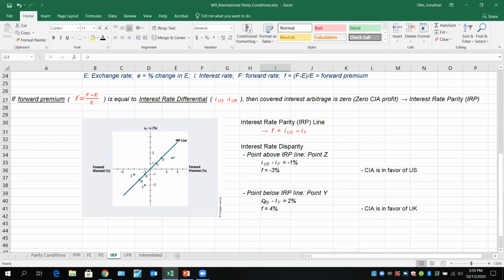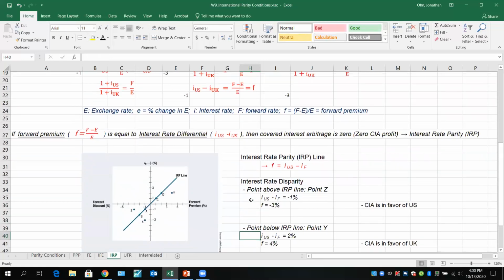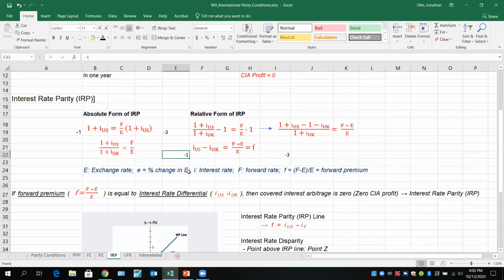Okay, the relative interest rate. At this one, the relative interest rate is 2%, and the forward premium is 4%. So in this case, the exchange rate has appreciated. The forward premium is way higher than the equilibrium condition. So this one is 2%, this one is 4%.